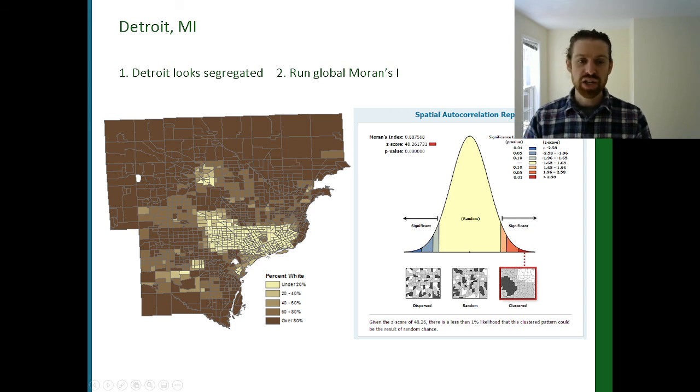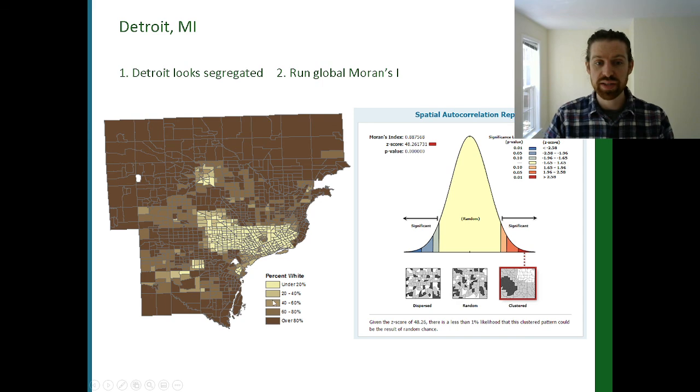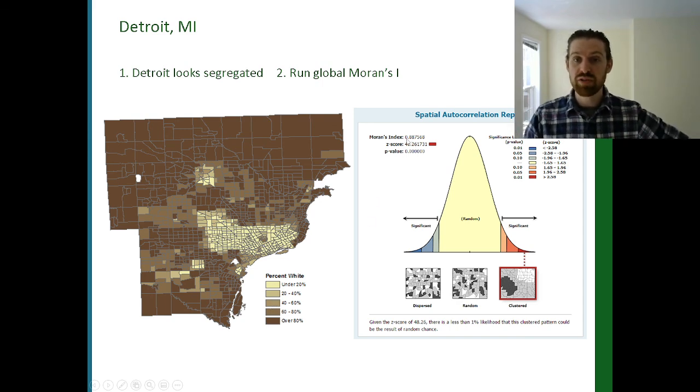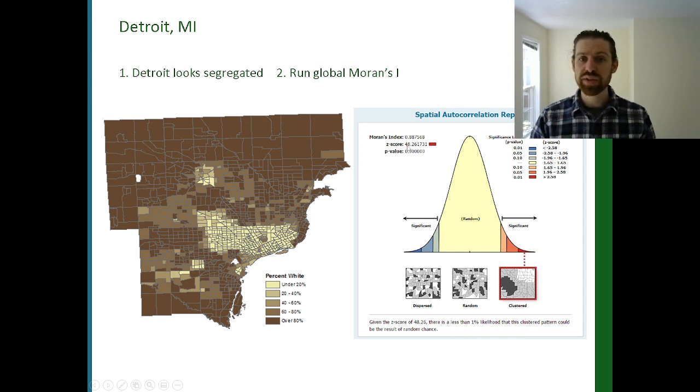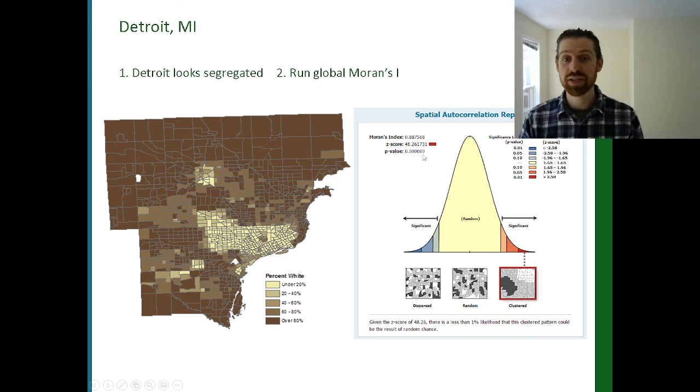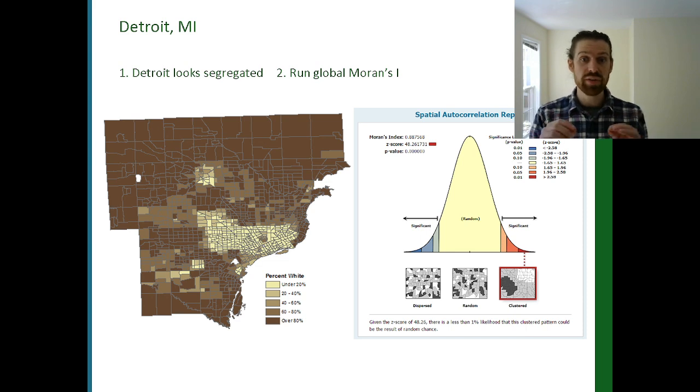Okay, and actually if we carry out a spatial autocorrelation test, so we'll get Moran's I for this data based on these ordinal categories. Essentially we get a Moran's index of 0.88, so it's highly positively correlated. We get a z-score which is huge, 48.26, and that corresponds to a p-value which is basically 0.00000000, very far beneath the 0.05 significance level.